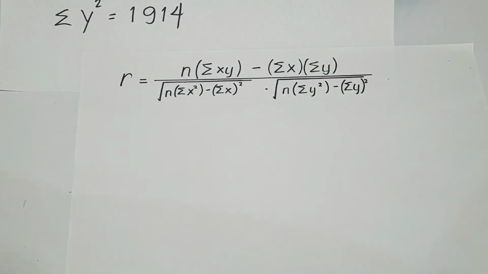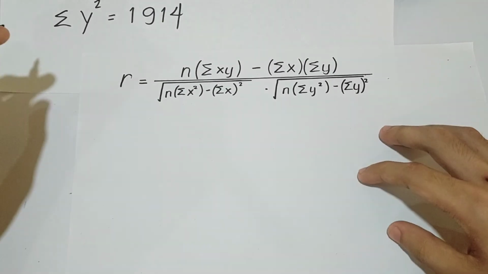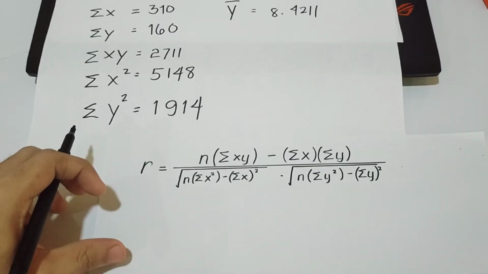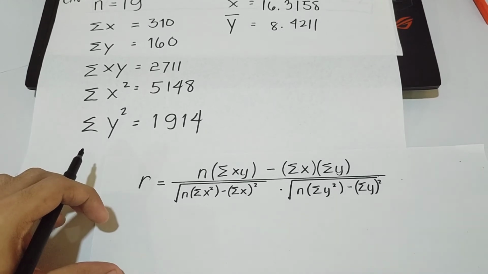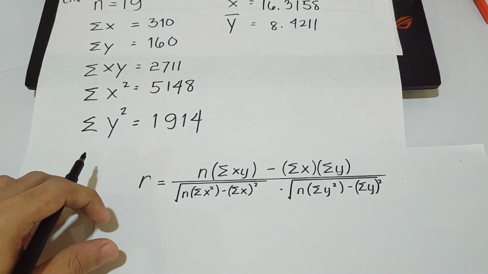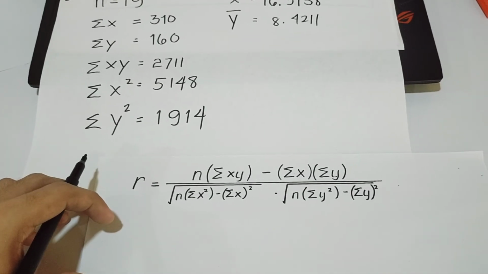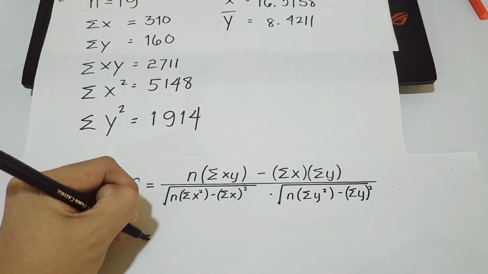So we simply need to substitute the value of what is given on the equation. So we have n, the summation of x, summation of y, summation of x squared, summation of y squared. So plug it all up in the equation.